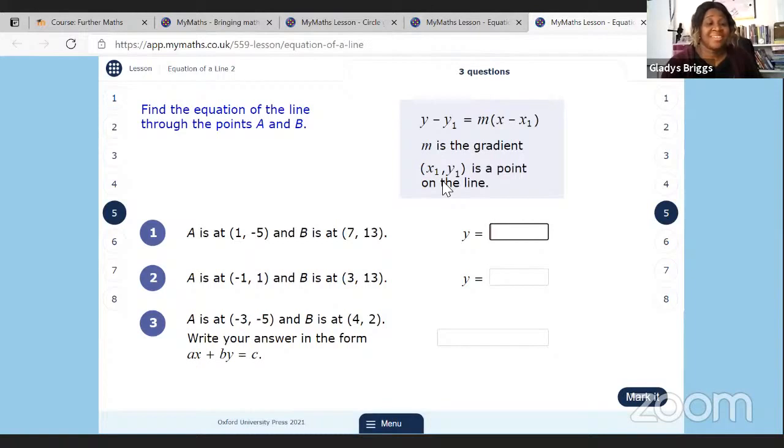You got it? Y is 3x minus 8. Okay, so will that be in the form? Let's see. If you said y is 3x minus 8, anybody else working on it?